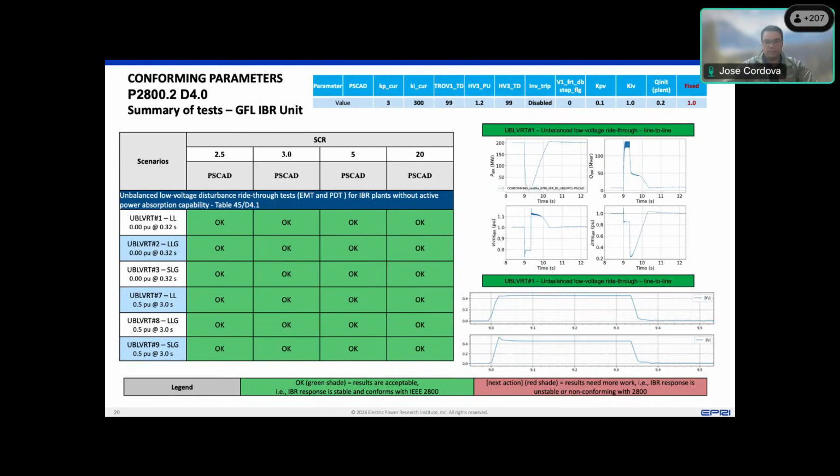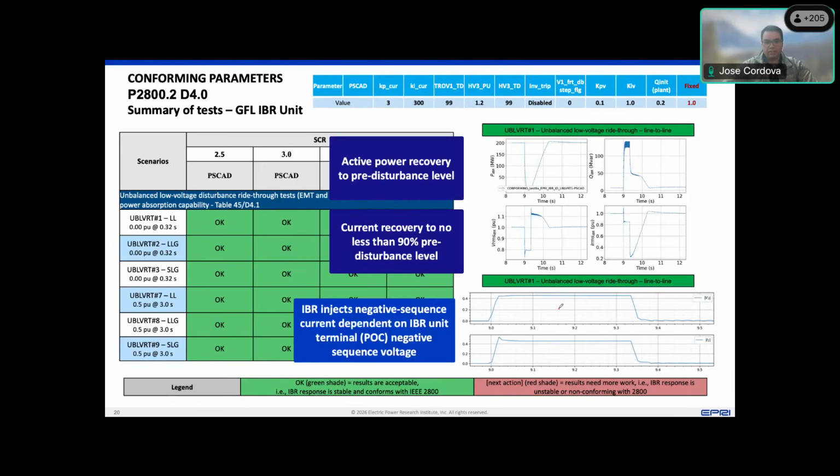If you click on it a couple of clicks, yeah, you will see that the active power recovers to pre-disturbance levels, and also that the current is recovered to no less than 90% of the pre-disturbance level, as well as the sequence voltage at the terminals of the IBR unit, which is the figure on the bottom right here.